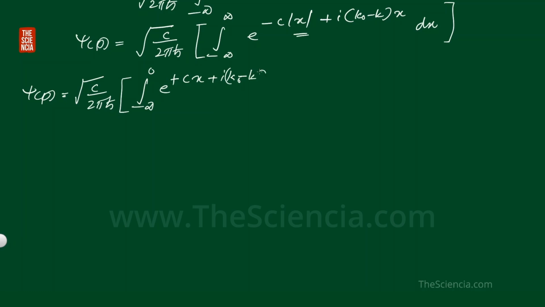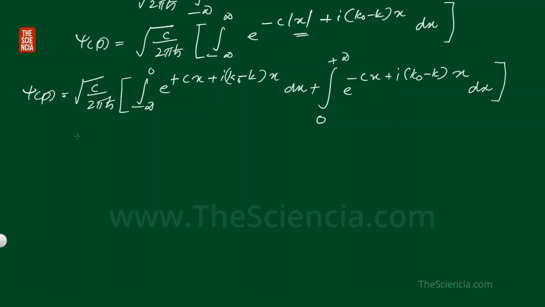i into k0 minus k into x dx plus the second part, that is from 0 to plus infinity, e raised to minus c. The x value in the positive region is positive, so cx plus i k0 minus k into x dx.